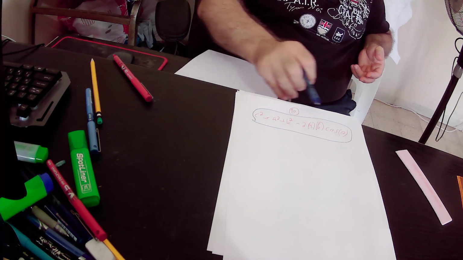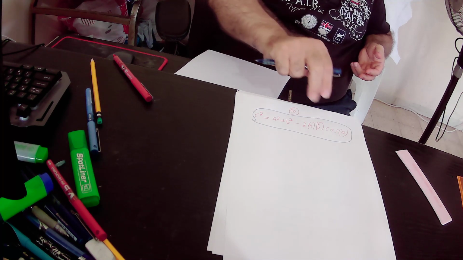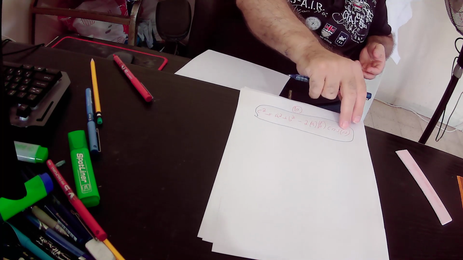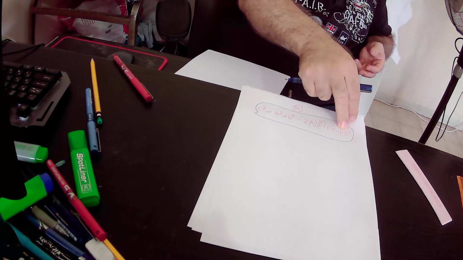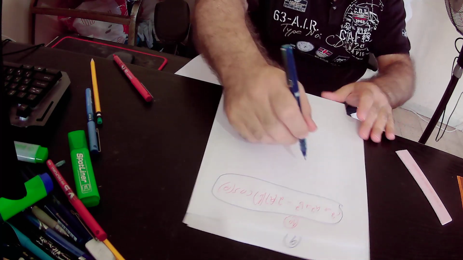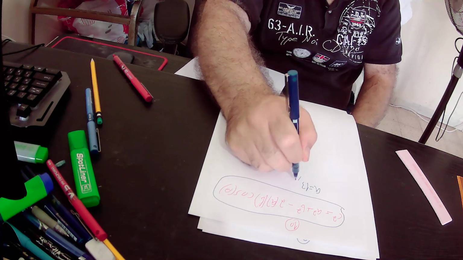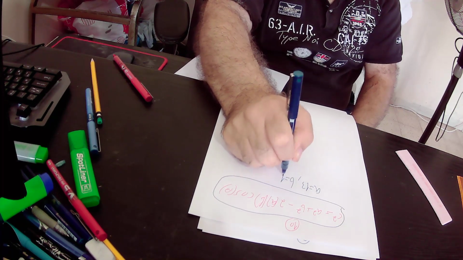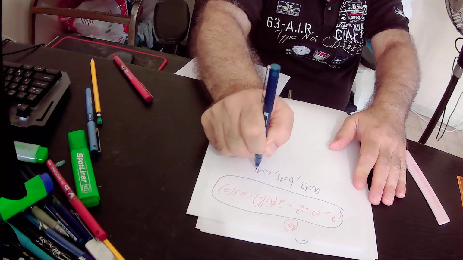So we will solve this equality and find the value of cosine theta. First of all, we will write down the things that we know: A equals 13 units, B equals 15 units, and C equals 14 units.